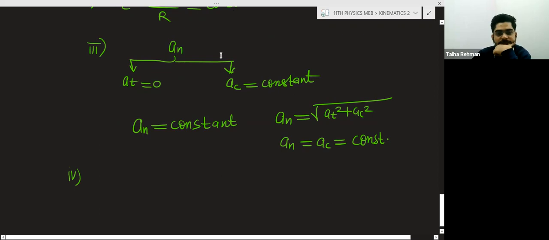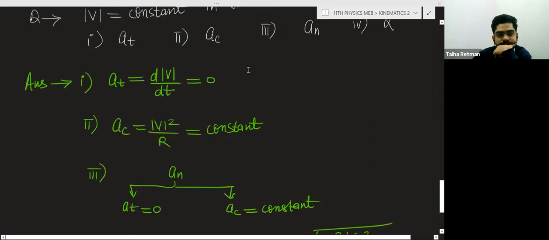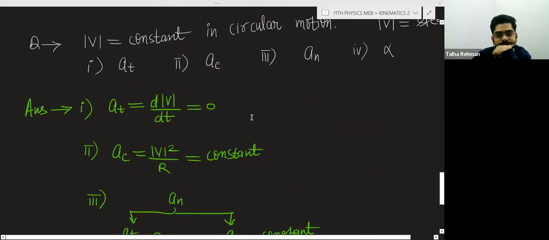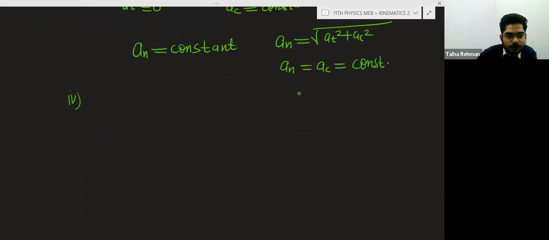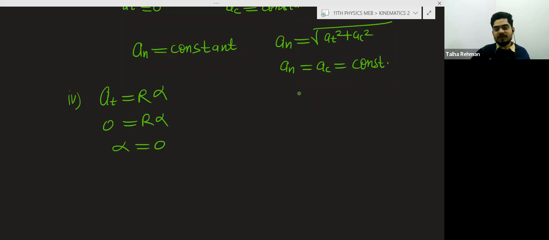Will it be constant? I have told you that tangential acceleration is equal to radius times alpha. So tangential acceleration is 0, that is why alpha is equal to 0. If something is 0, you can say constant also.